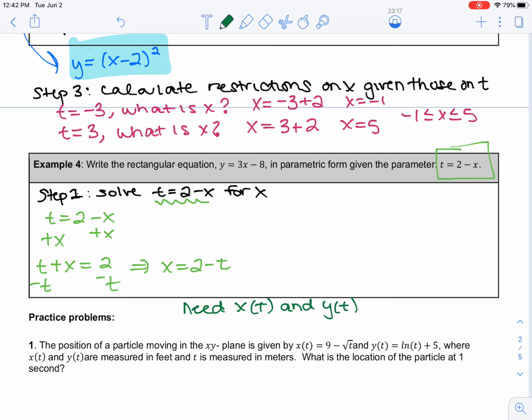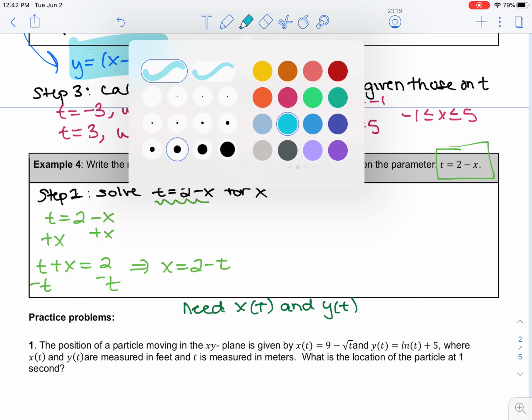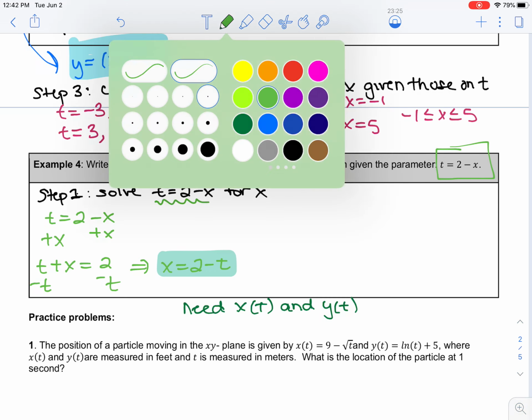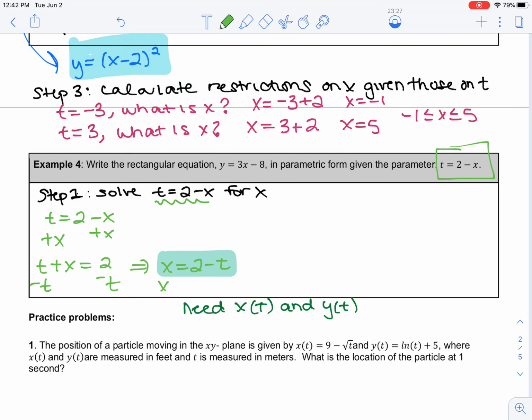So notice here, kind of highlight it to point it out. Notice here we have x defined in terms of t, which means that this right here is our x of t equation. Our x of t is equal to 2 minus t. So now what we need to do is take our y equation, our y equals 3x minus 8, and express that in terms of t.